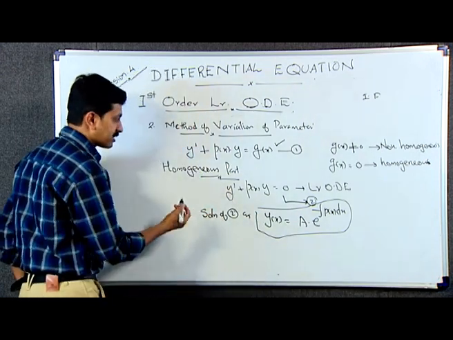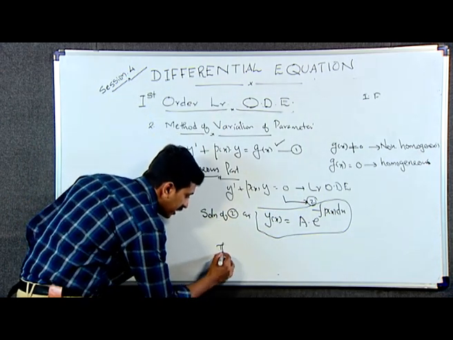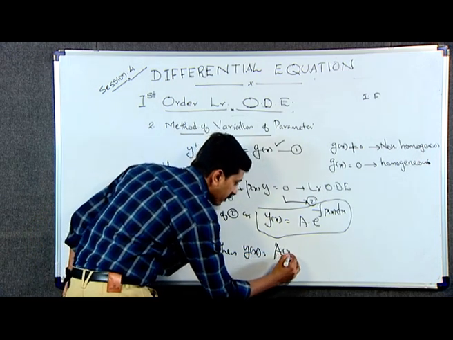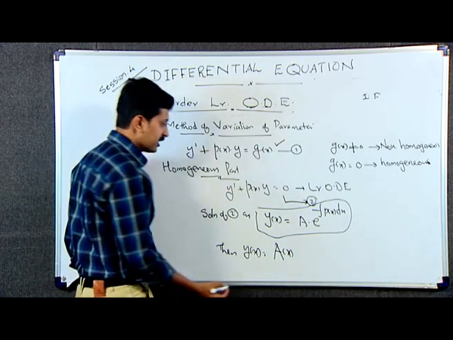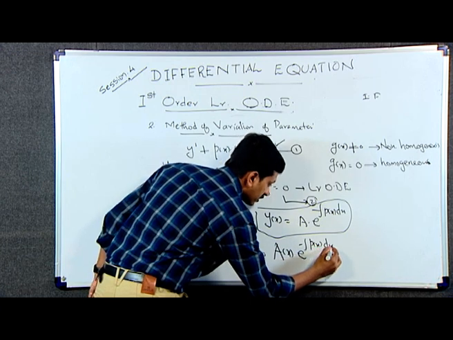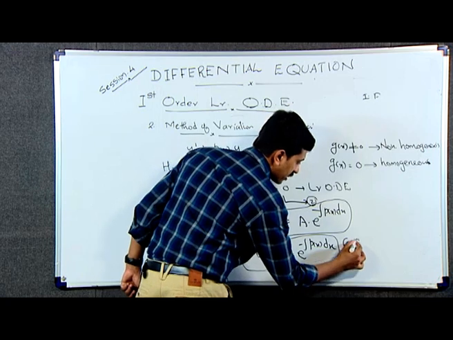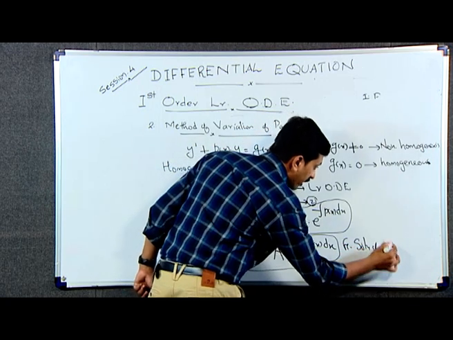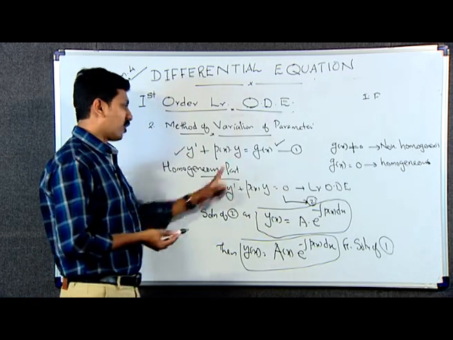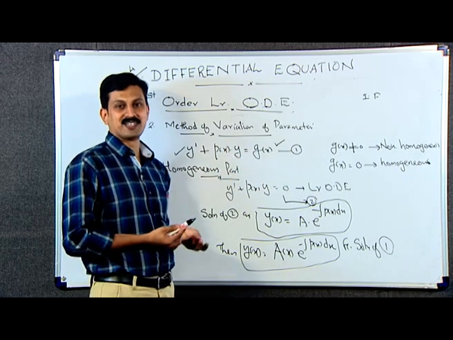So definitely we can say that if this is a solution of the homogeneous part, then y of x is equal to a of x, a function of x, into e raised to minus integral p of x dx is a general solution of 1, which is our non-homogeneous ordinary linear differential equation.